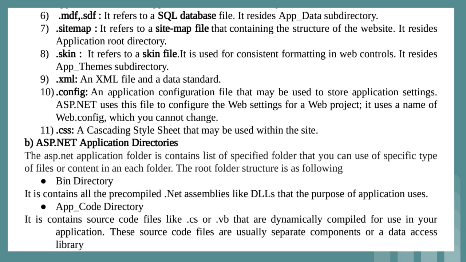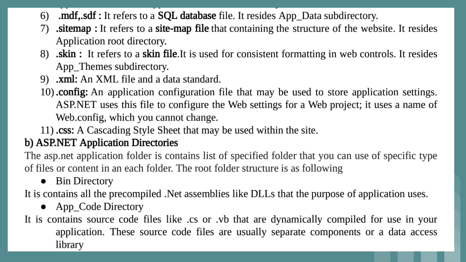Other than these we have so many other folders also. So the second part is the ASP.NET application directories. If you have a question such as explain the anatomy, then you have to explain both, that is different file types and different directories which are available in an ASP.NET application.